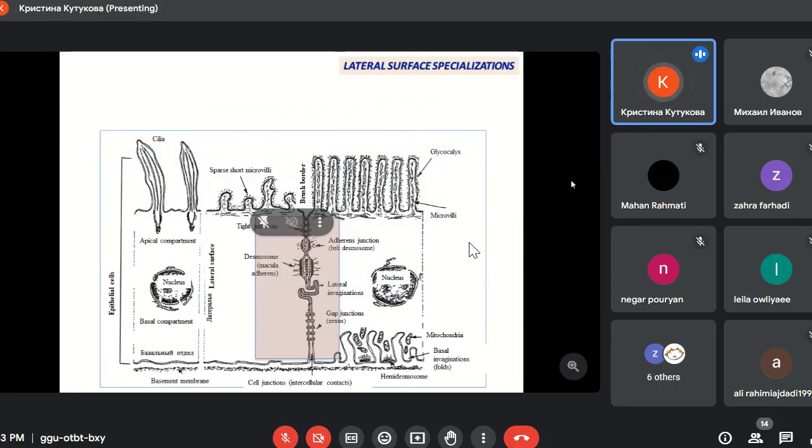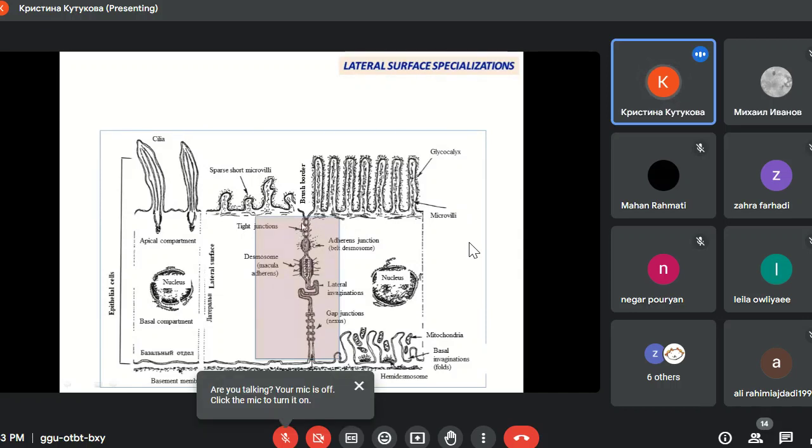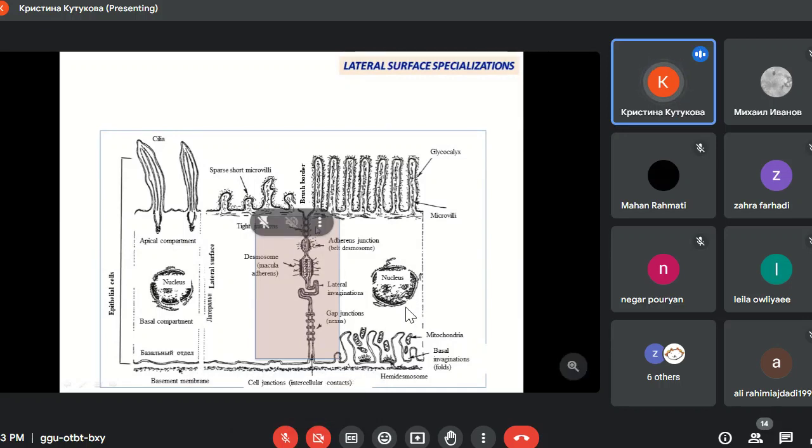Next, lateral surface specialization. Lateral means side surface of the cell. Here we have two adjacent cells. They interact together, forming the junctions or contacts between each other. And these are specific contacts located at different levels.